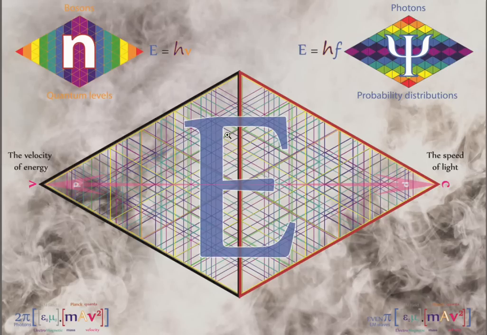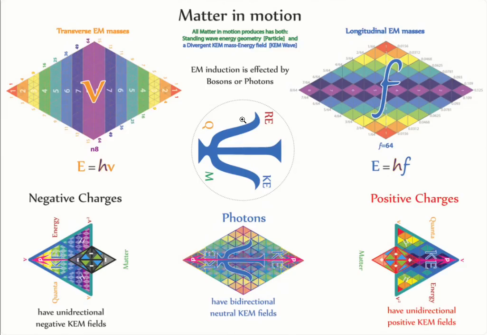Whether it's the bosons or photons, the linear or the angular momentum, the mass or the energy, or the distributions of all of those properties within the charge geometry, Tetryonics can reveal all of the mathematics and their relationships one to the other through the geometry. So with all matter in motion, their energy is created through the addition of bosons into their chem fields to create that motion, or as a result of the force applied to the particle itself.